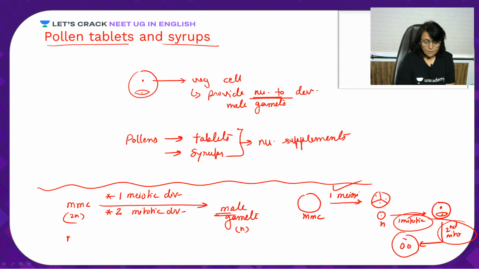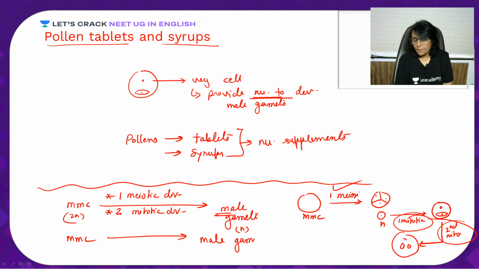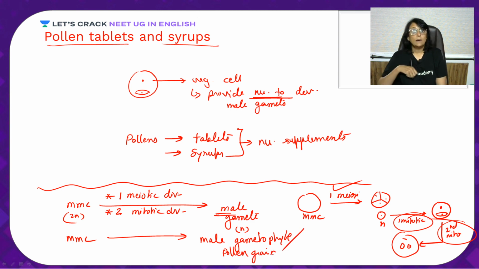And if we write from microspore mother cell to male gametophyte or pollen grain, when we simply write pollen grain or male gametophyte, we have to take the majority of, that is 60% of angiosperms.